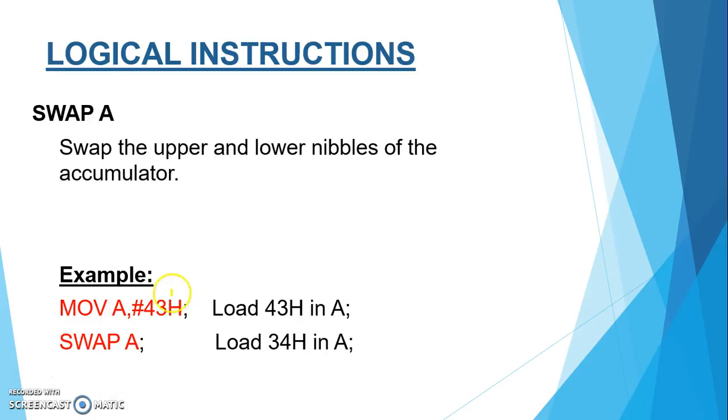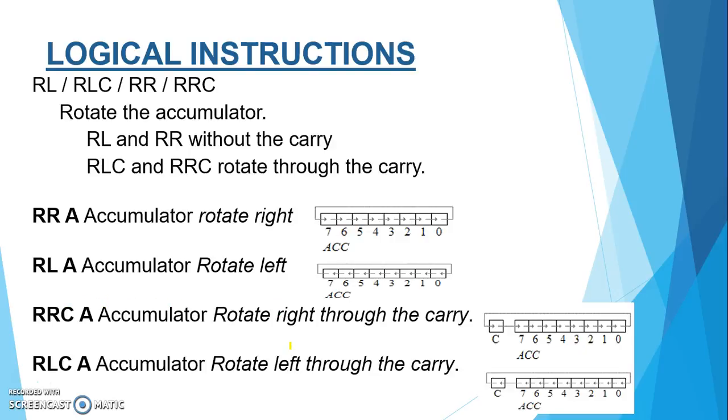Let us see an example so that you get clarity on this. When I load the accumulator with 43 hex and write SWAP A, then in the result 43 becomes 34. Can you see that? In 43, 3 is the lower nibble and 4 is the higher nibble. So 3 is getting placed into the higher side and 4 is getting placed into the lower nibble side. That is the function of the swap instruction.